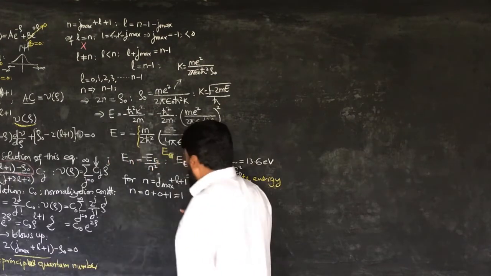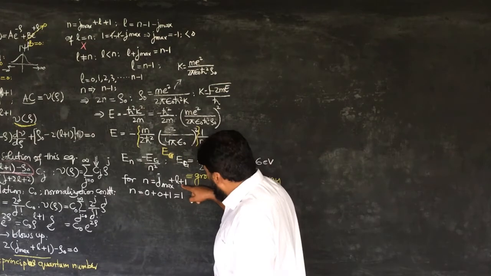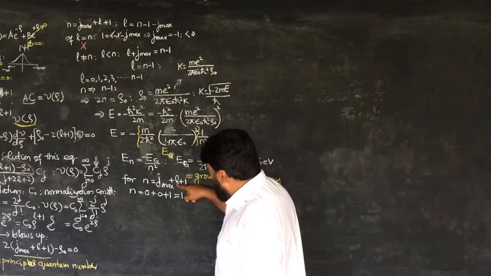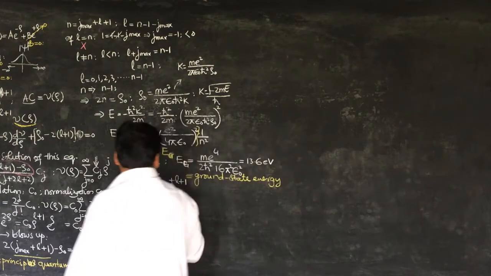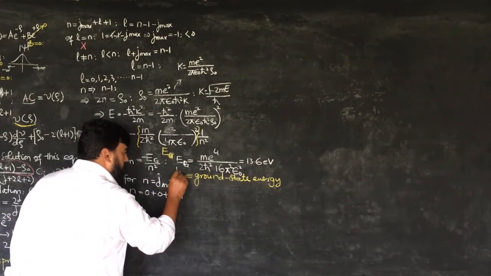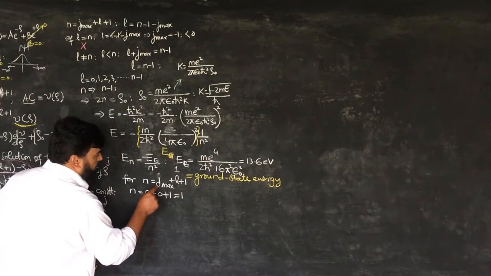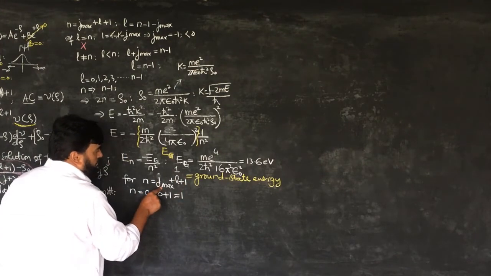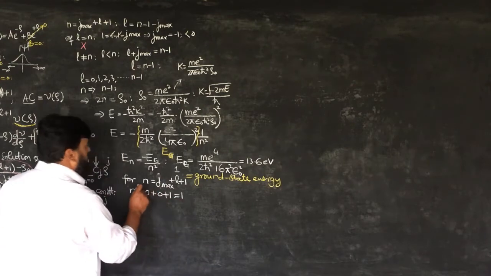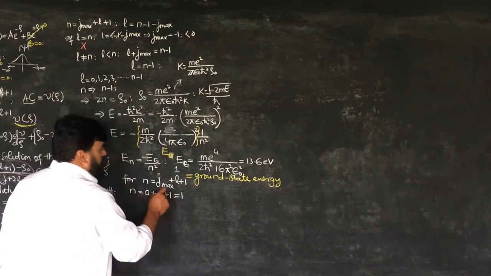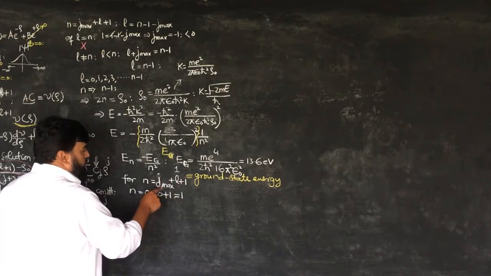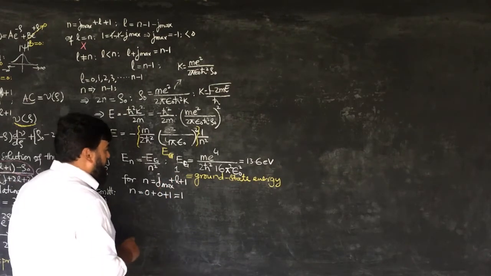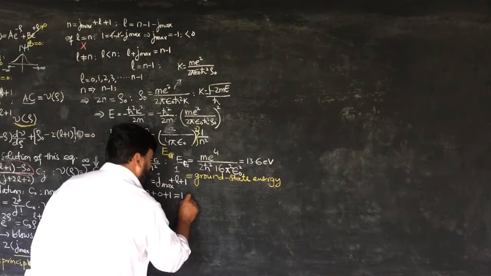Now for any other value, when L is 1 and j is 0, we will have n equals 2. Similarly, when L is 0 and j is 1, we will have 3 and so on.